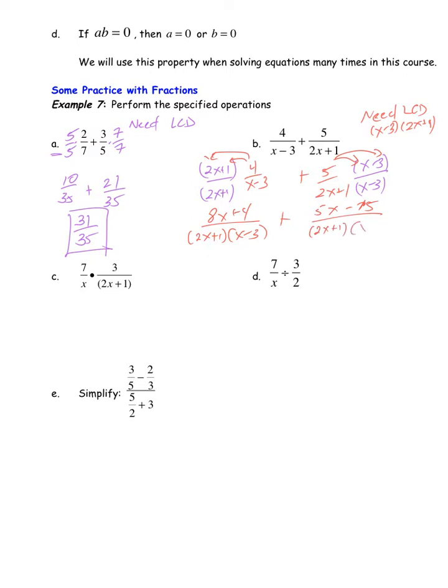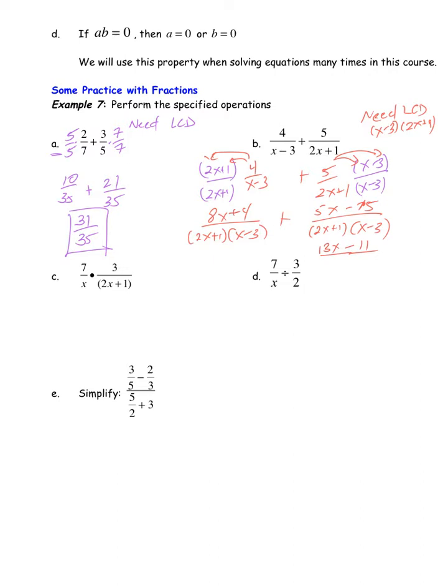Okay, now that we have the same denominator, we can add the numerators. So 8x and 5x gives us 13x. Plus 4 minus 15 is going to be minus 11. And then if we expand 2x plus 1 times x minus 3, I'm going to FOIL that out.